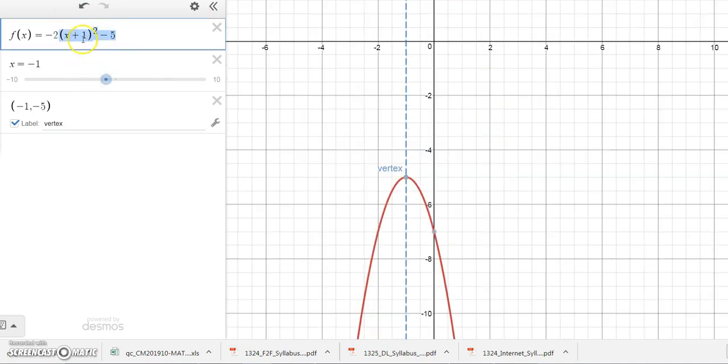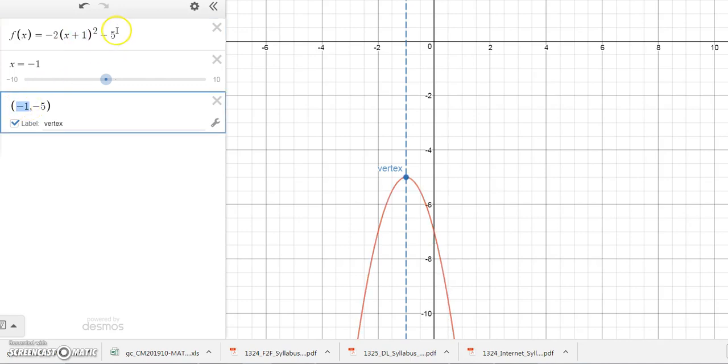So the other graph was this function, negative 2 times x plus 1 quantity squared minus 5. So here you actually would have to take the opposite of this number to get the vertex. So the x value of the vertex would be negative 1. And then this number, since this is negative 5, the y value of the vertex would be negative 5.